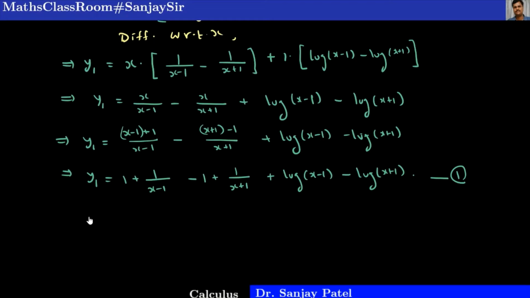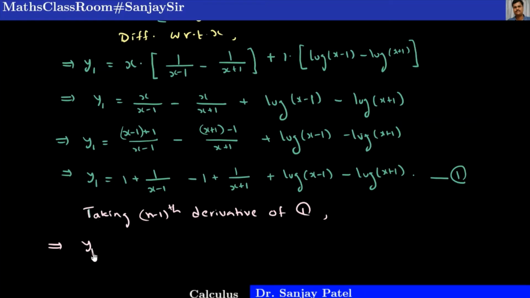So I will write, taking the (n minus 1)th derivative of result 1, what we get is yn, because the (n minus 1)th derivative of y1 is yn.